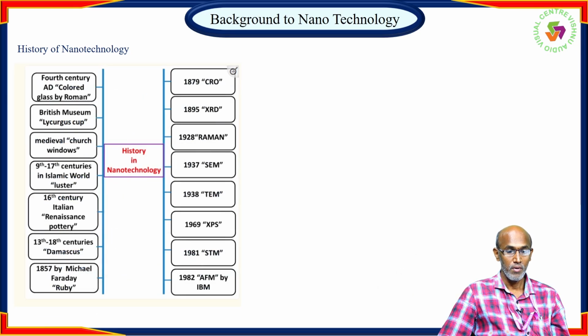So, 4th century AD, colored glass by Romans, British Museum Lycurgus, medieval church windows, 9th to 17th centuries in Islamic world luster, 16th century Italian Renaissance pottery, 13th to 18th century Damascus, 1857 by Michael Faraday ruby, 1879 CRO, 1895 XRD, 1928 Raman, 1937 SEM, 1938 TEM, 1969 XPS, 1981 STM, 1982 AFM by IBM.